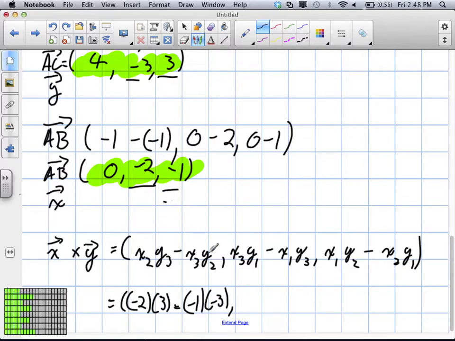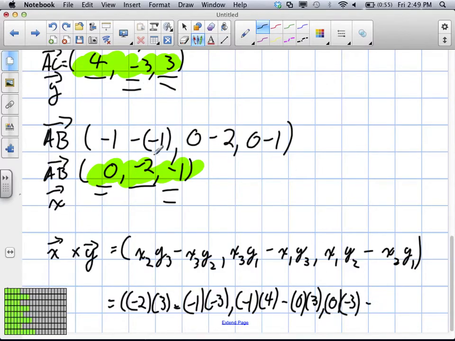X3, -1 times 4, minus 0, well that's clearly going to be 0, times 3. And our last component part, x1, 0 times y2, -3, subtract -2 times 4. Okay, so we use all of them.